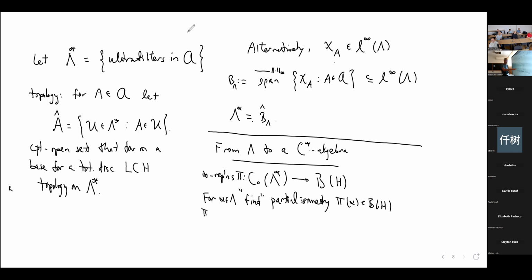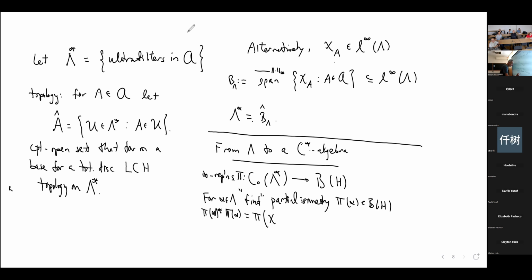So we're looking for star representations like this. We want them to be a representation on the functions on lambda star. We want it to give us partial isometries V of H. And what do we want? We want the initial projection of pi of alpha should be the image of, so remember, we have these chi sub elements of our ring, right?